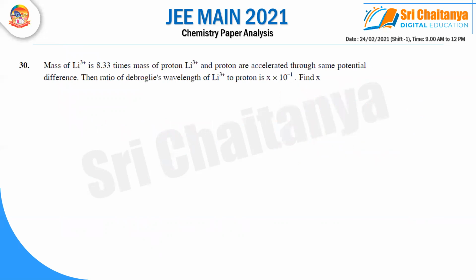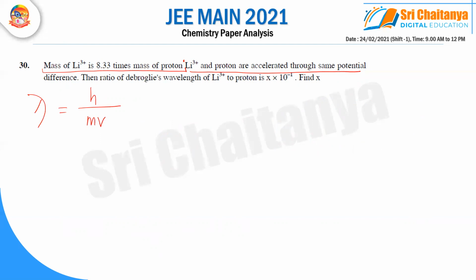Next one is the question from atomic structure. They are giving a relationship between the mass of lithium plus 3 ion and proton. Let's consider a full stop here. So this is given to you, and they are saying that they are accelerated by the same potential difference, and they are asking the ratio of de Broglie's wavelength. Now, de Broglie wavelength is related something like this, right?